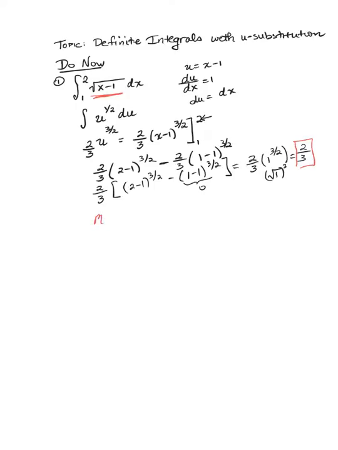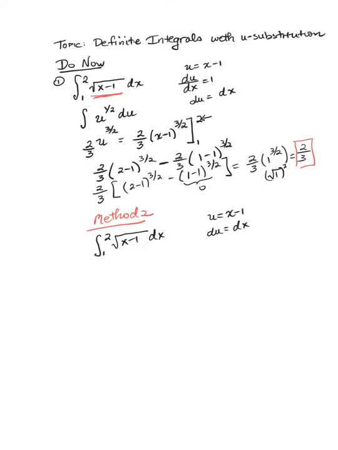But there's another way to do this, which I'd like to go over with you. Okay, so I'm going to rewrite the problem. And I start the same way. I let u equal x minus 1. du is still dx.